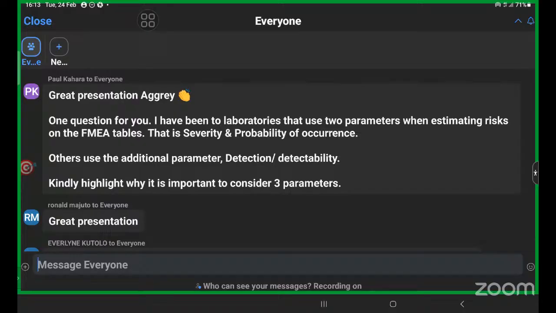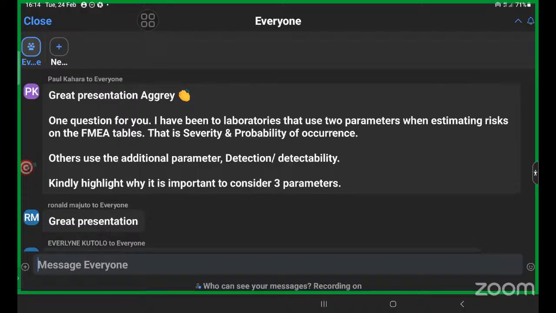This is a very important observation. We remember, looking at the risk priority number, we have the formula for its calculation.